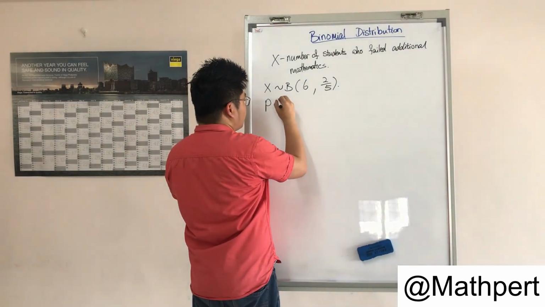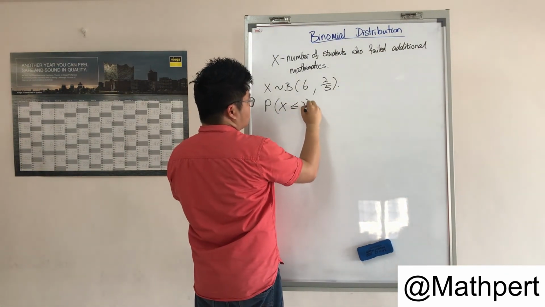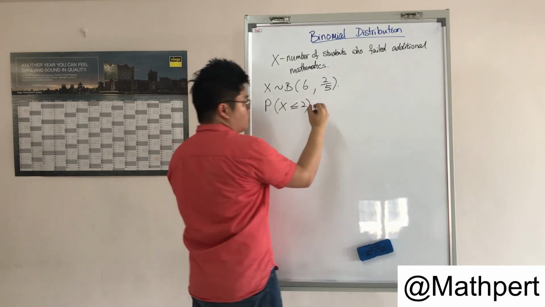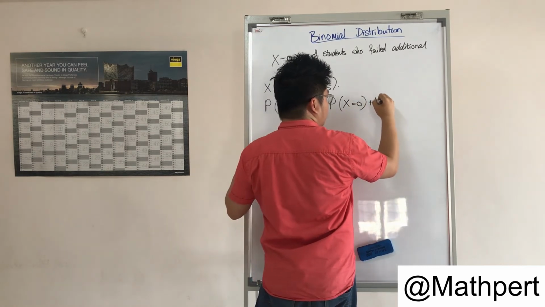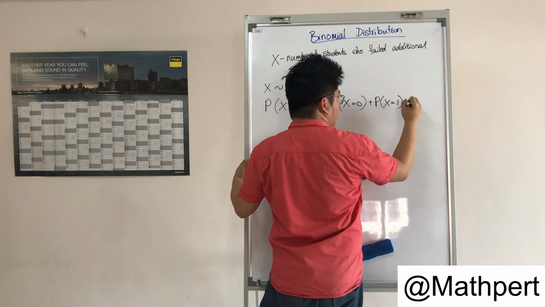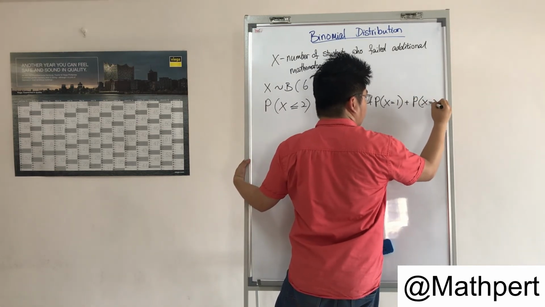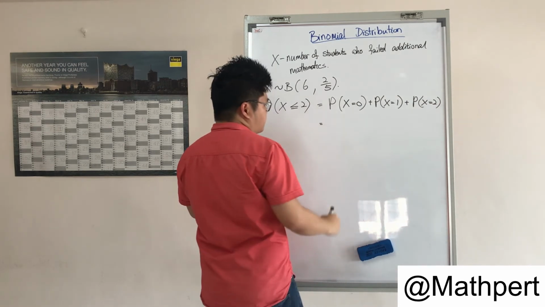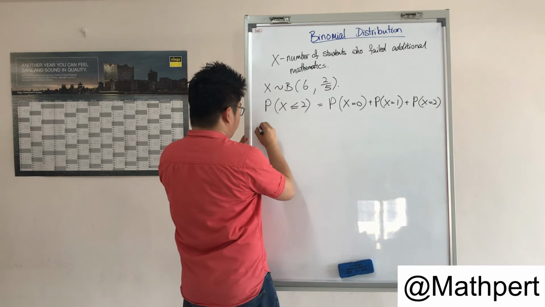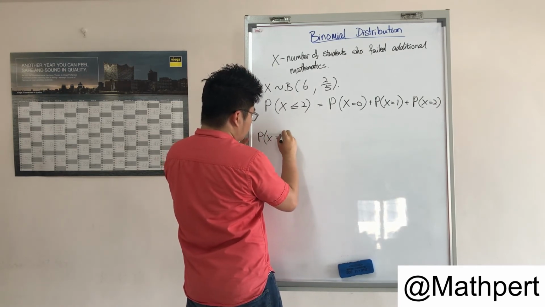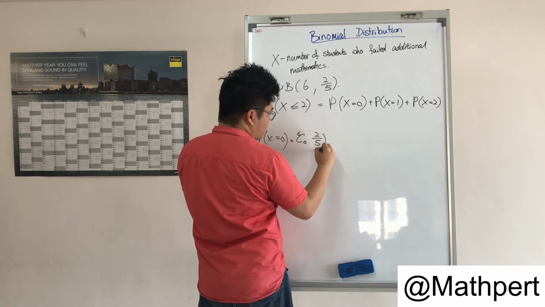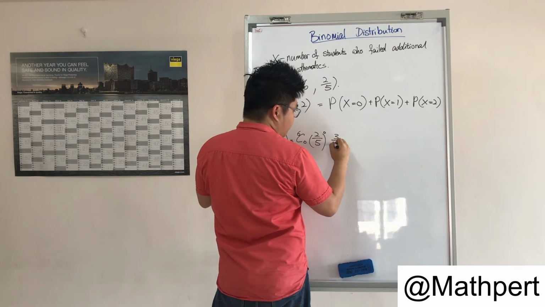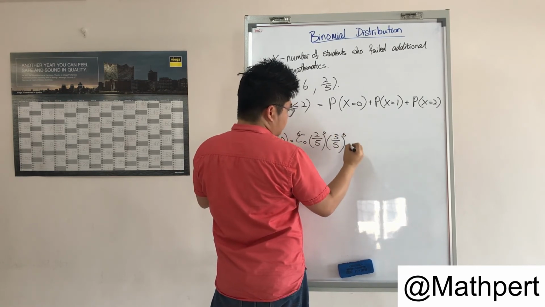The question asks us to find the probability that not more than 2 students fail additional mathematics, meaning P(X ≤ 2), which is also equal to P(X=0) plus P(X=1) plus P(X=2). For P(X=0), it is 6C0, 2/5 power 0, then 3/5 power 6.